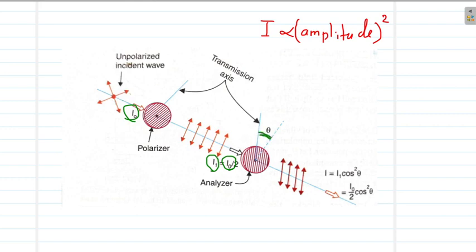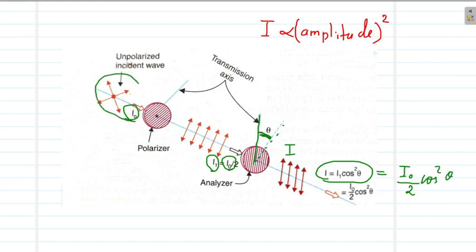Now if theta is the angle between the plane of polarization of this plane polarized light and the transmission axis of the analyzer, then as per Malus law, I equal to I1 cos square theta. The transmitted light I and the intensity of the incident ray I1 will be related by the Malus law. And since I1 equal to I0 by 2, this is equal to I0 by 2 cos square theta.